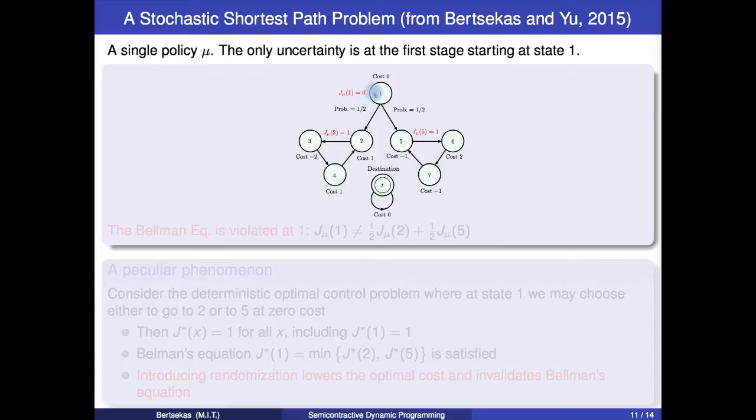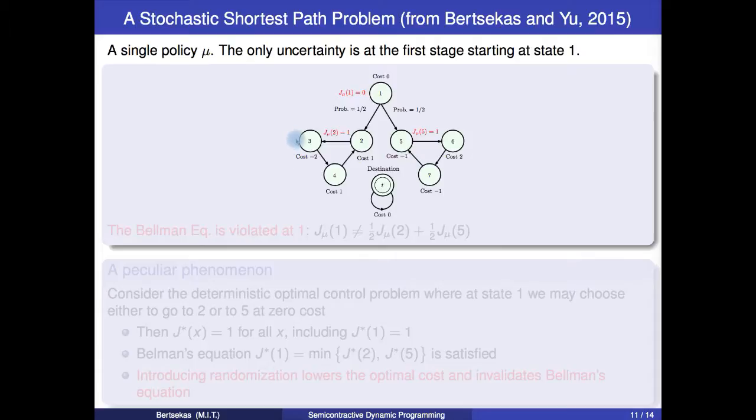Now let's look at the cost of the policy starting at state 2. Upon entering state 2, we incur a cost of 1, then a cost of -2, which brings us to a sum of -1, then a cost of 1, which brings us to a sum of 0. So we start at 1, go down to -1, then to 0.